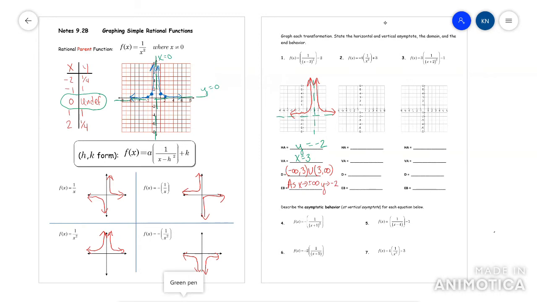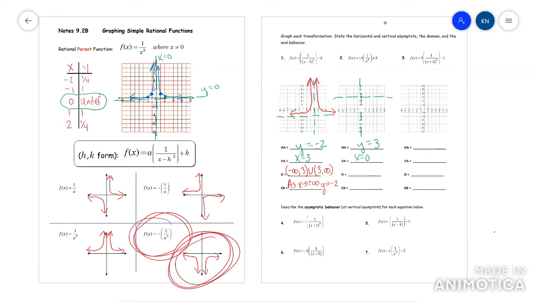Okay, this next one. Go find your VA first. This one's at 0. Then go find your HA. This one's at 3. Okay. Now I think to myself, it's a negative lead coefficient and it's a square. So my arrows are going to be together and they're both going to be going down on that VA.